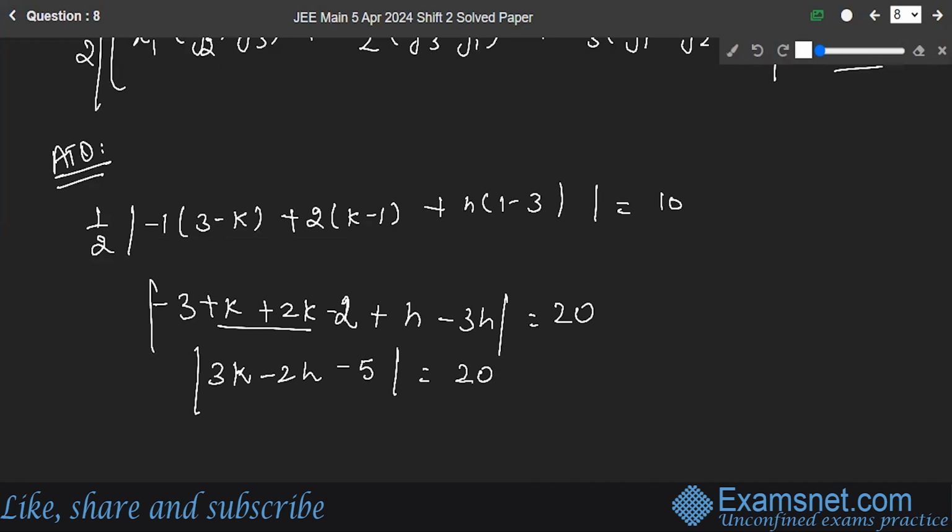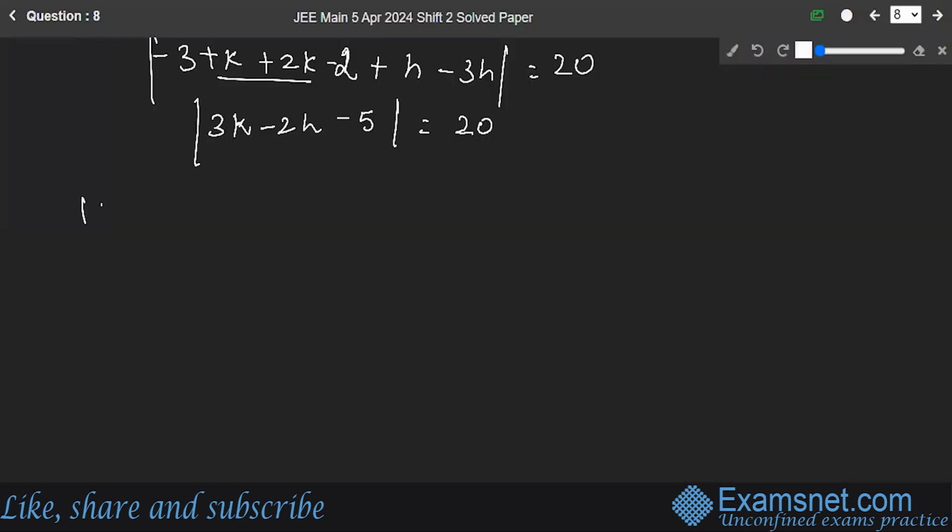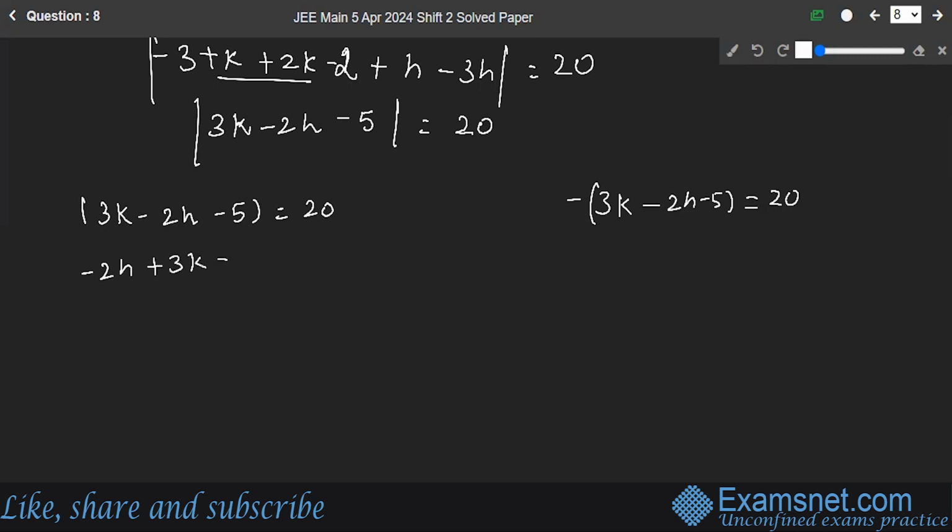This is equal to 20. Now it can have either 3k minus 2h minus 5 is equal to 20 or minus 3k minus 2h minus 5 is equal to 20. From here you have minus 2h plus 3k is equal to 25. From here A will be minus 2, B will be 3. And here you will have 2h minus 3k is equal to 15. From here, A will be 2 and B will be equal to minus 3.